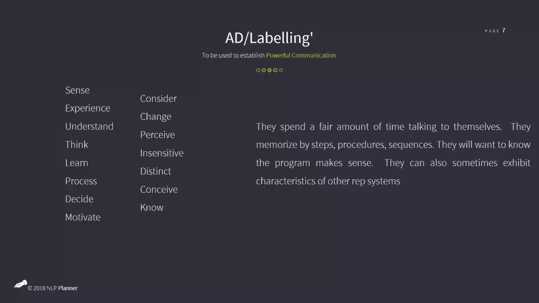They also sometimes exhibit characteristics of other representational systems. So you might find these people using words like look. You might find the same person using something like I hear what you say, or I feel what you're telling me. But most of the words that you would find with them are in terms of, so does this make sense to me?